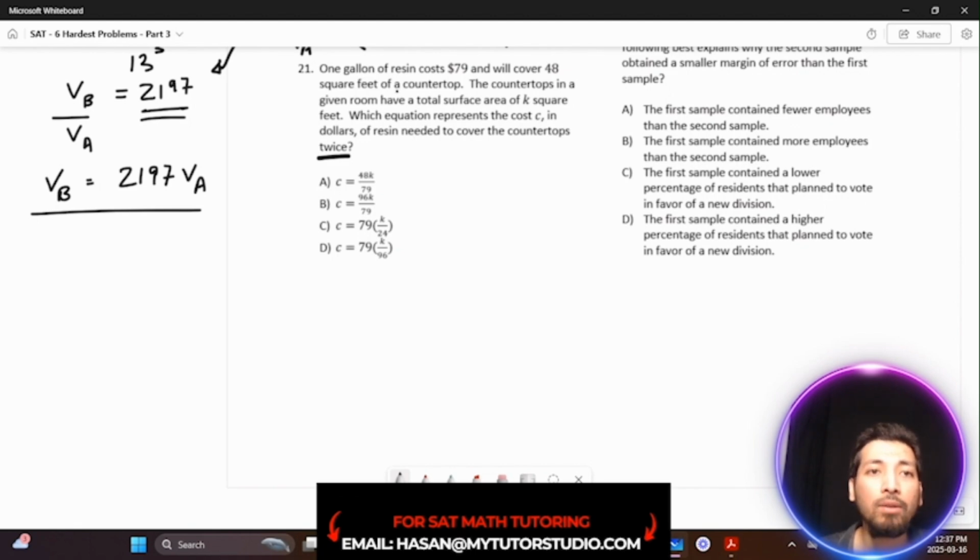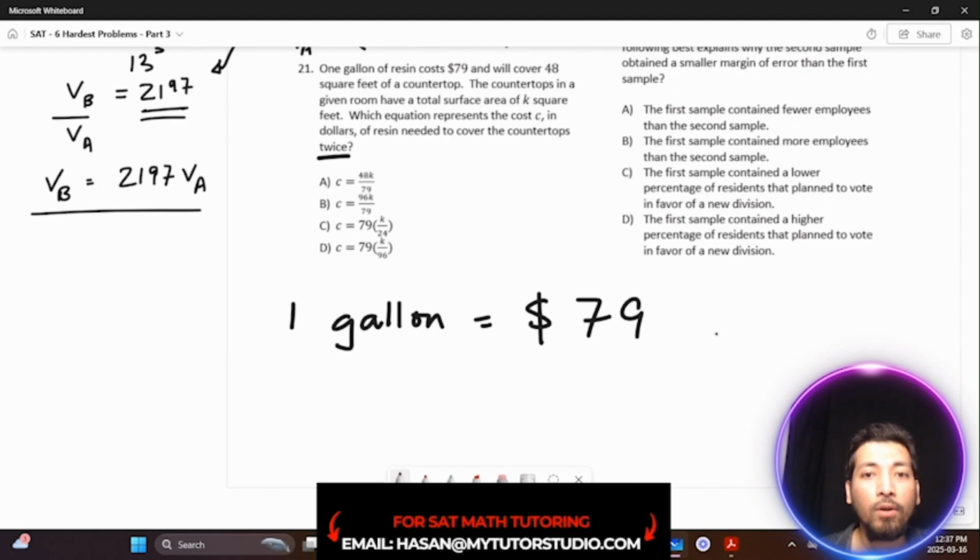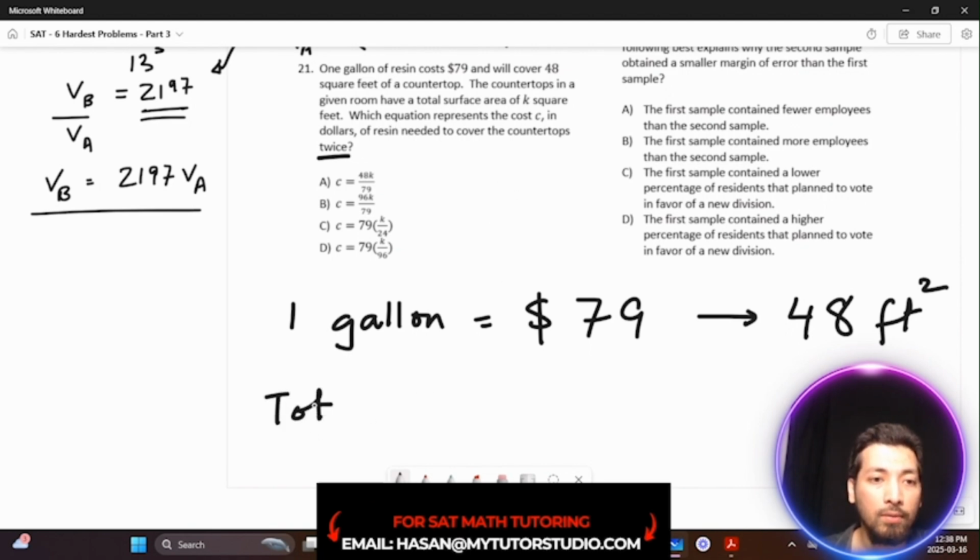We know that 1 gallon of resin costs $79 and it will cover 48 square feet of a countertop. Now, the total surface area is K square feet.